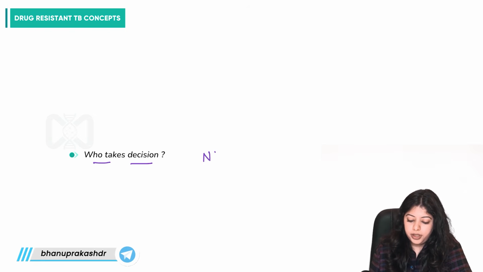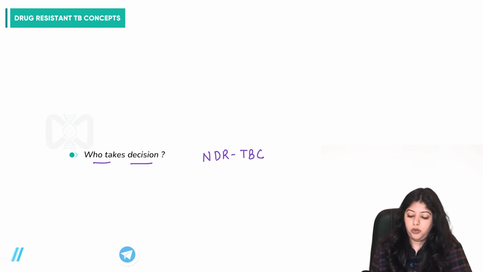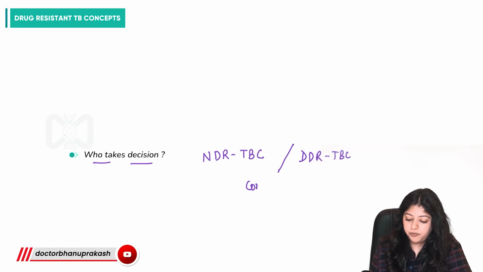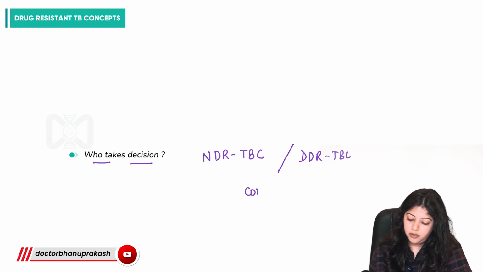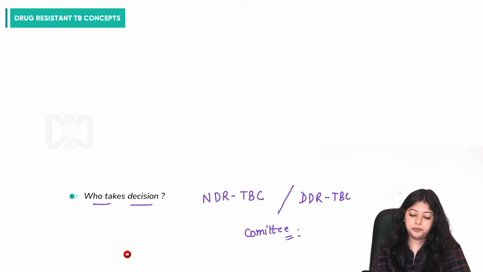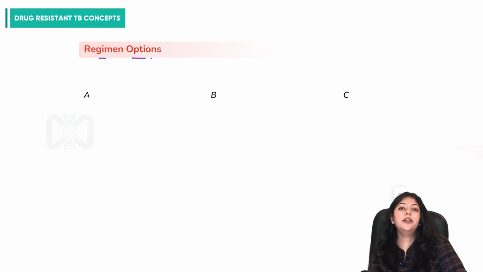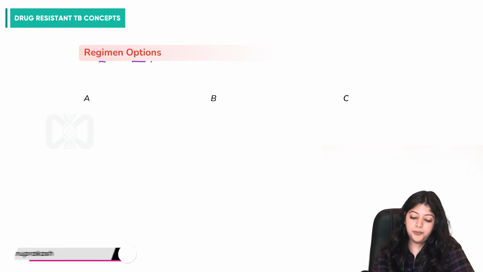This is the Nodal Drug-Resistant TB Center, or the District Drug-Resistant TB Center Committee. So these people decide the treatment regimen for the patients, right? So what are the regimen options available?